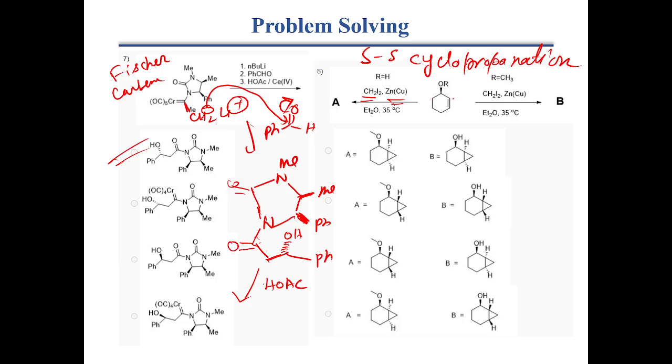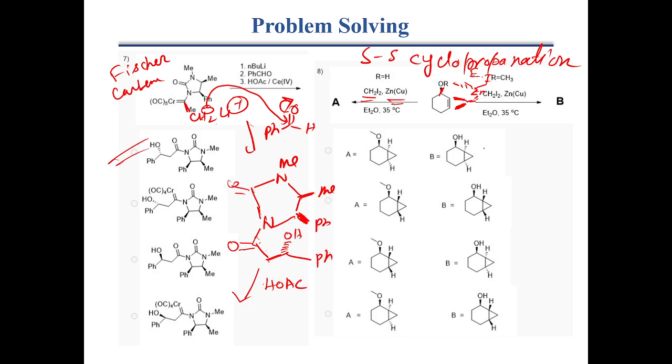this complex. As the directing group is there, or this is the chelating group, so the cyclopropanation should happen from the up, beta orientation. This is the zinc and iodine, ethyl.